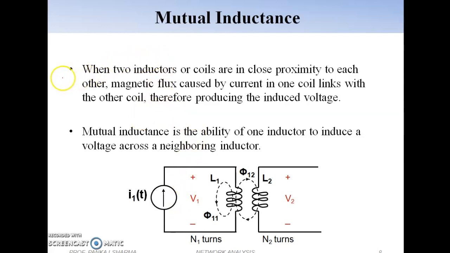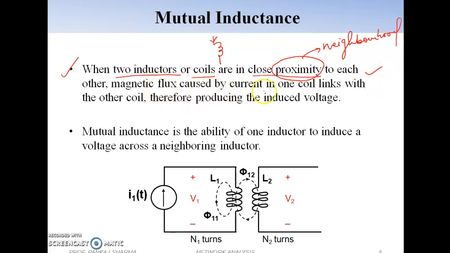When two inductors or coils are in close proximity, meaning in the neighborhood, to each other, magnetic flux caused by current in one coil, see this very carefully, magnetic flux caused by current in one coil links with the other coil, therefore producing the induced voltage.